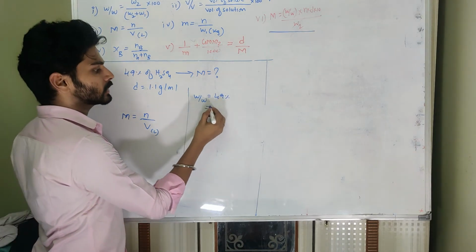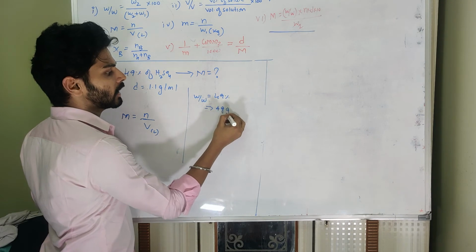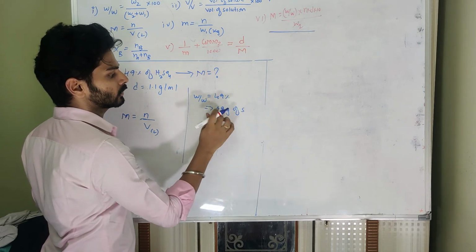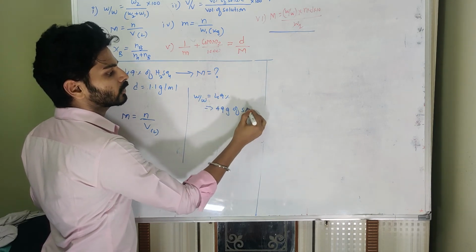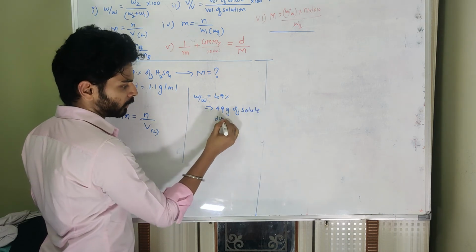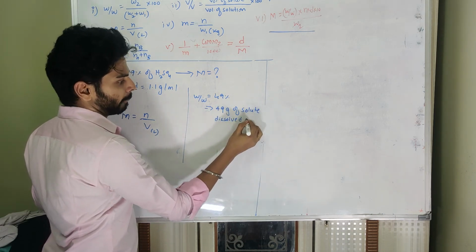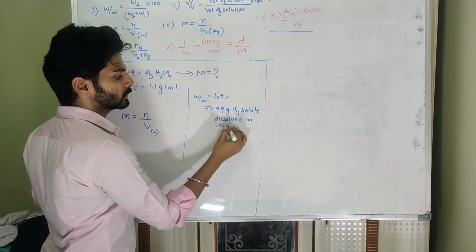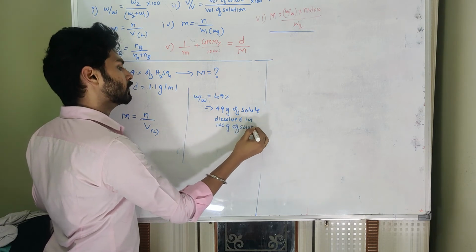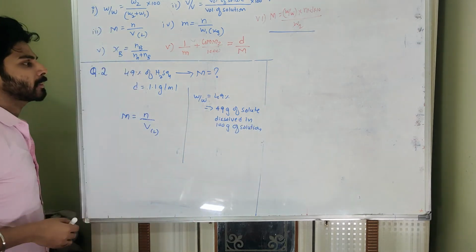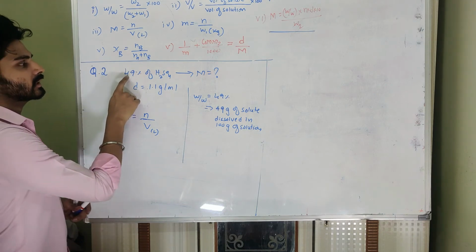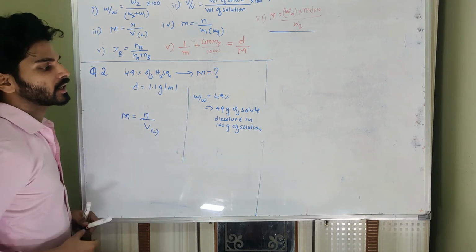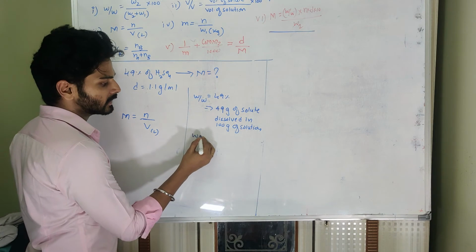It indicates 49 grams of solute dissolved in 100 gram of solution. Whatever percentage by mass is given, you have to consider that many grams of solute dissolved in 100 gram of solution. How has it come? We can see here.